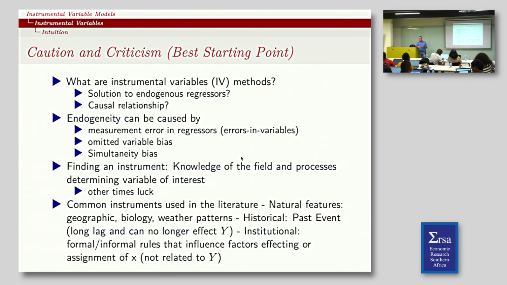So for instance, if you're interested in trying to understand the endogenous bit between mother's weight, for lack of better words, and child birth weight, and child birth weight is actually a fairly important determinant of long-term health, you can control for the mother's birth weight by rainfall patterns before they were born and during their early years, right?